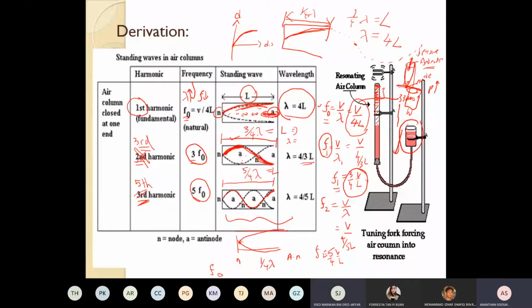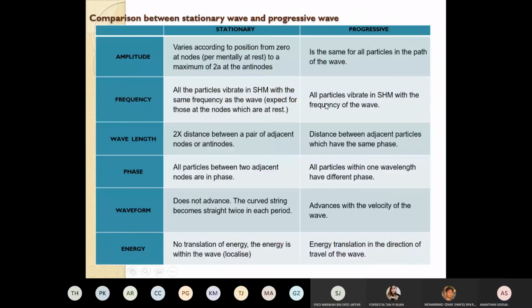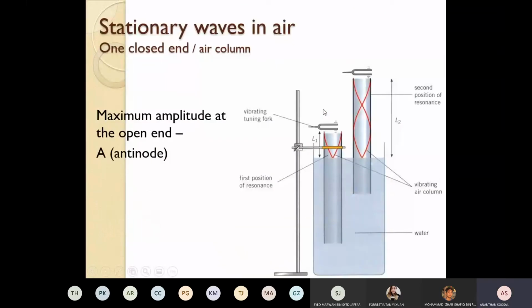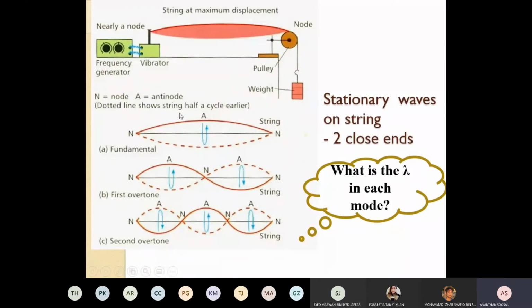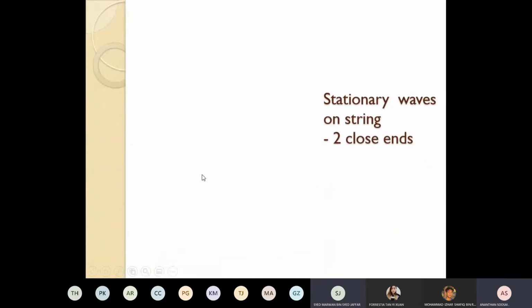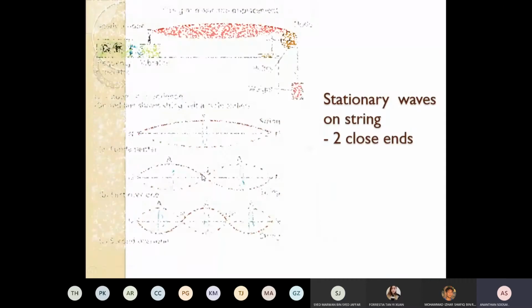No questions. So remember, the pattern appearance is different from the string. String and closed pipe, the pattern is different. Closed pipe, what does the pattern look like? Sorry, I go back to the earlier one.